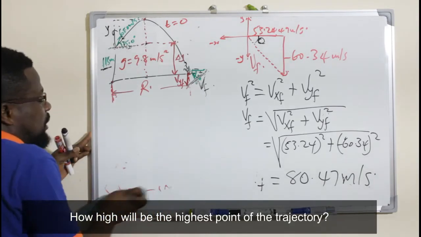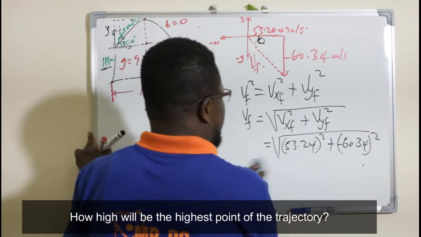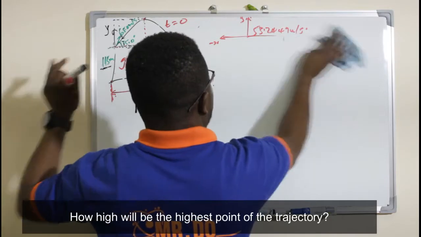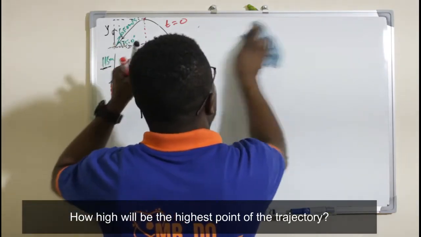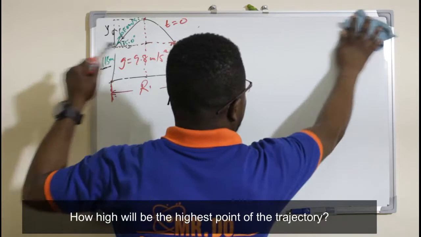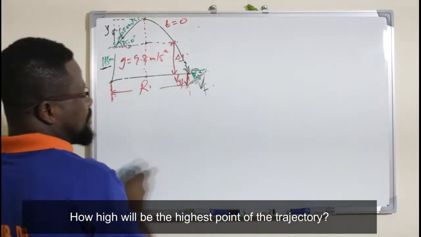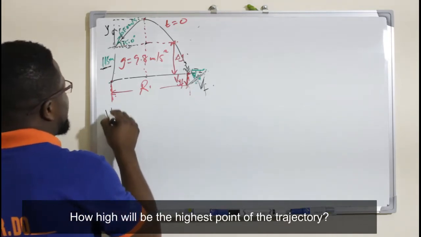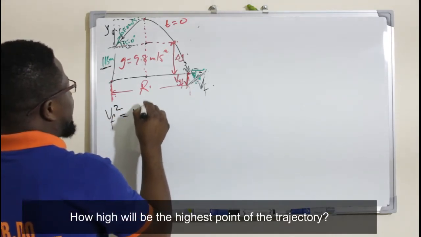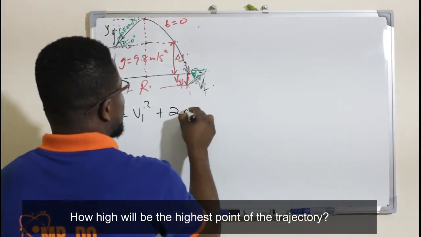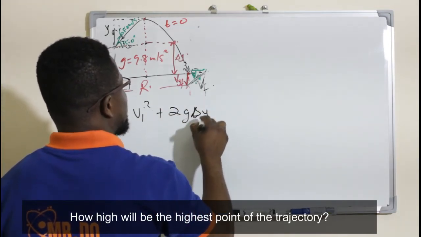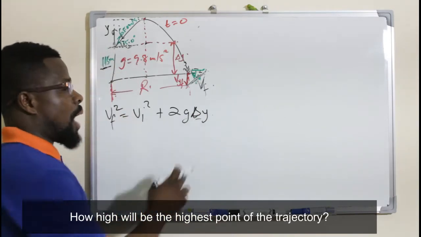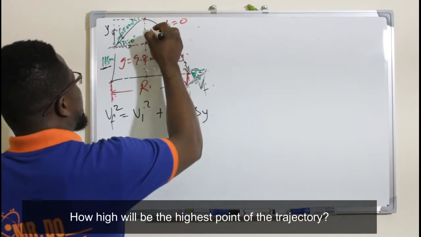Right, so for me to find the maximum height, remember that at the maximum height, the final velocity is going to be 0, because the projectile is going to have a momentary stop. So straight away we will make use of the formula Vf squared is equal to Vi squared plus 2g change in y. We are looking for this change in y, which is the maximum height. That's from here to here.